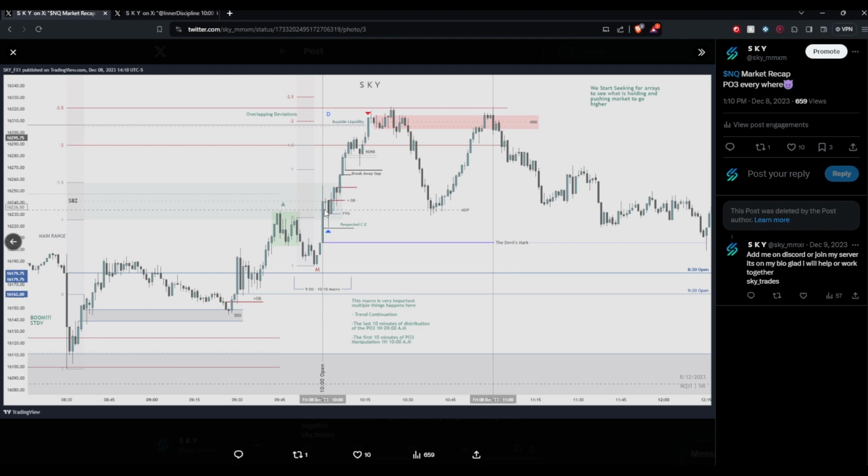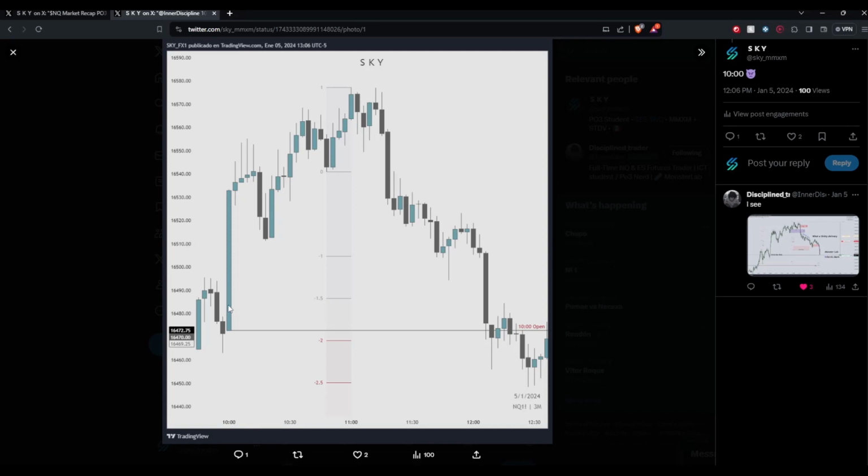Basically, it just goes up then drops to print the devil mark of the H4 power of 3. That's it. Here's another example again with 10:00.